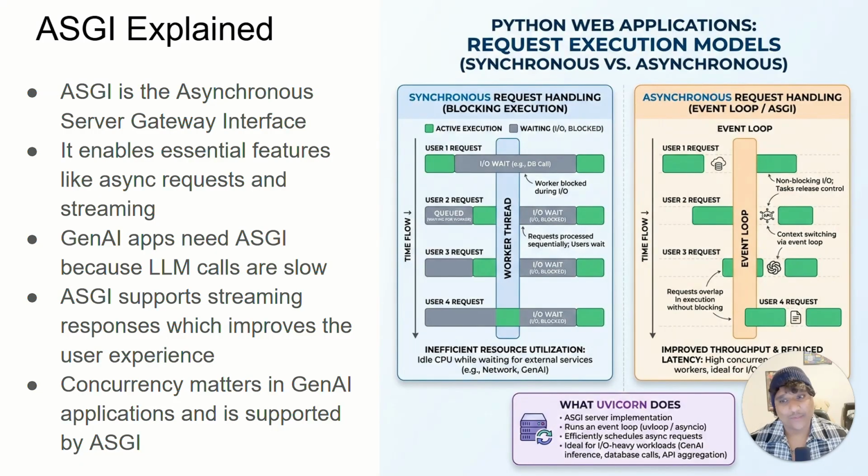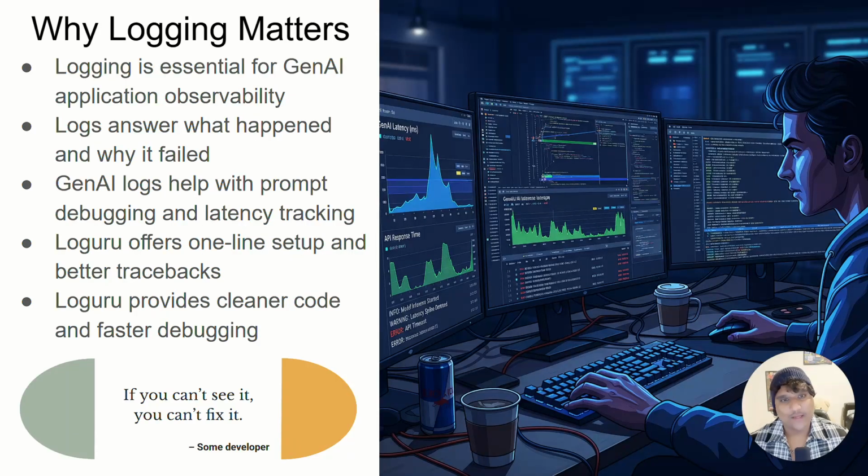What's next? Well, I did want to talk about logging. In a lot of tutorials that I went through, I noticed that the developers tend to use the native logging library in Python. Well, that's all right.